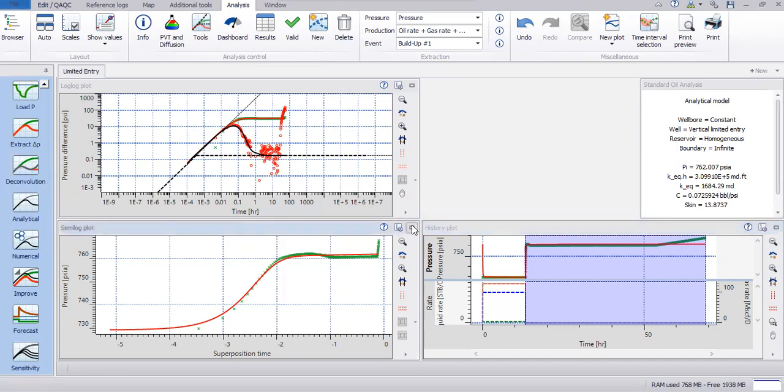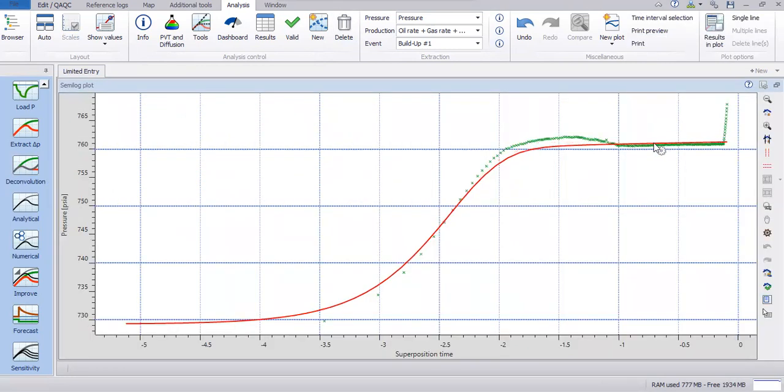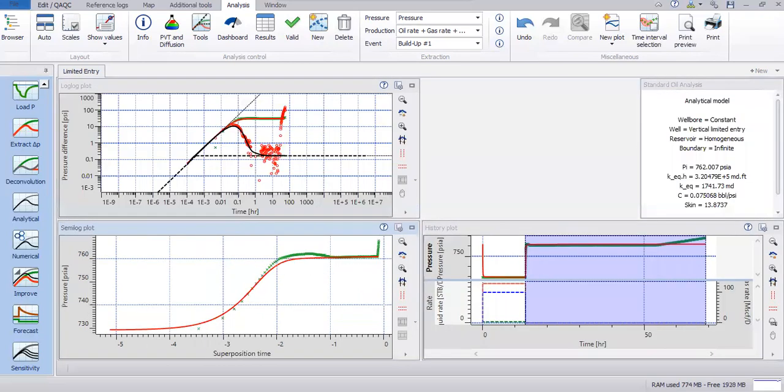So let's just change it manually like this and neglect this hump. Okay, all right.